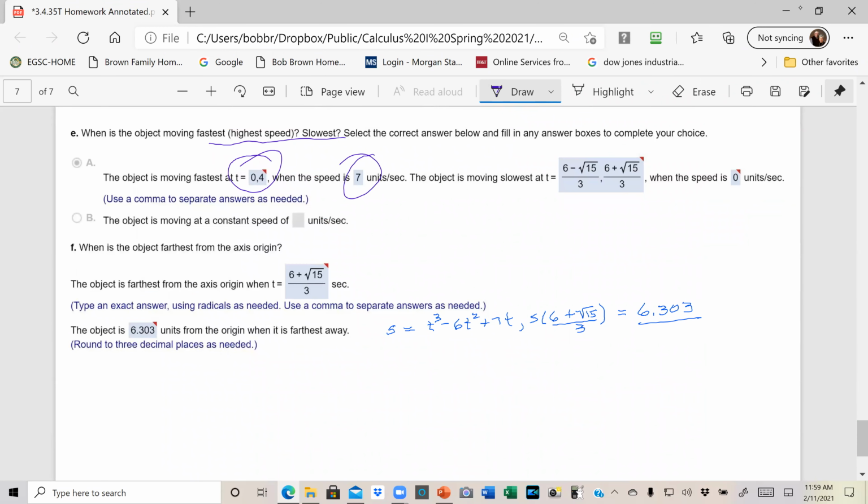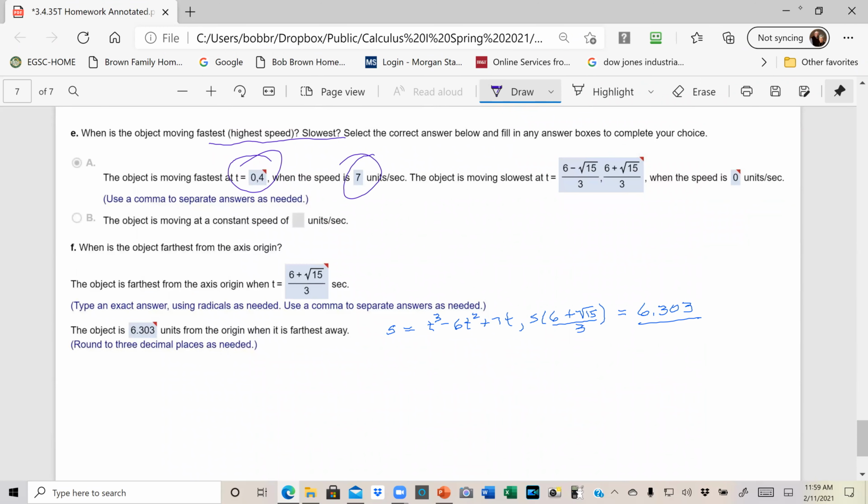Now, when is the object the farthest from the origin? Well, there we need to look at the position graph. We can look at either one of these. But looking at the tan position graph, the farthest where S is the largest is right here.